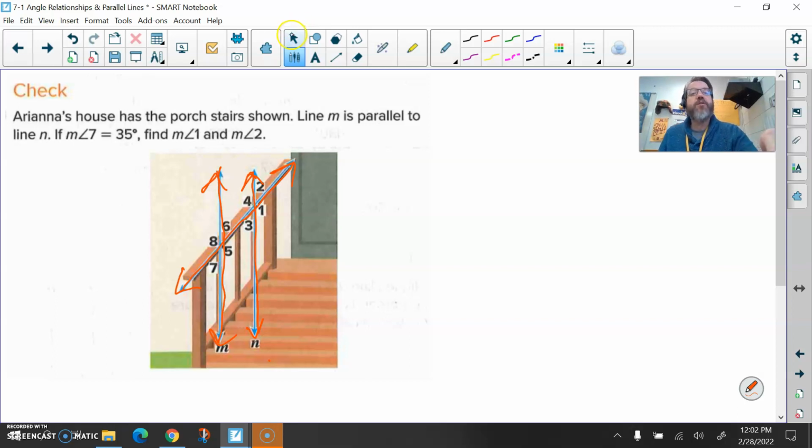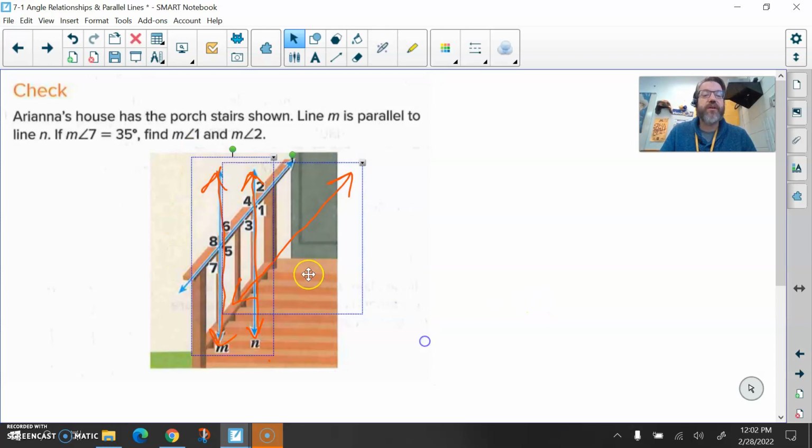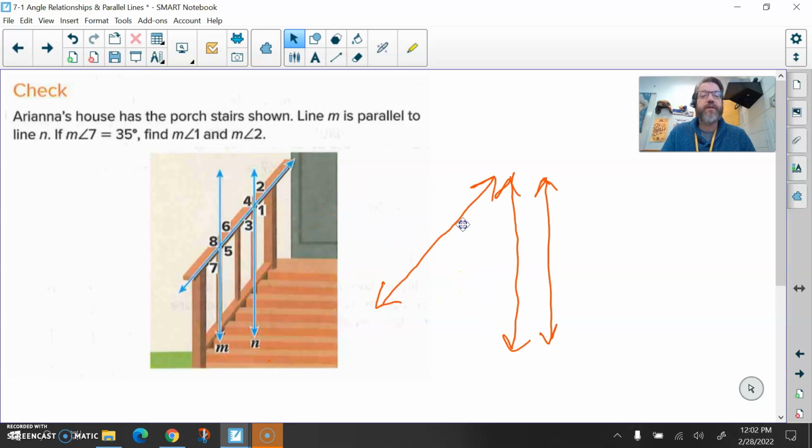Honestly, what I would do here is redraw this into this blank space over here. It's going to be a lot easier to see what's going on. I'm having some trouble getting this to grab and drag over here. Yeah, here are my parallel lines. Here is the handrail, which is acting as the transversal. There we go.